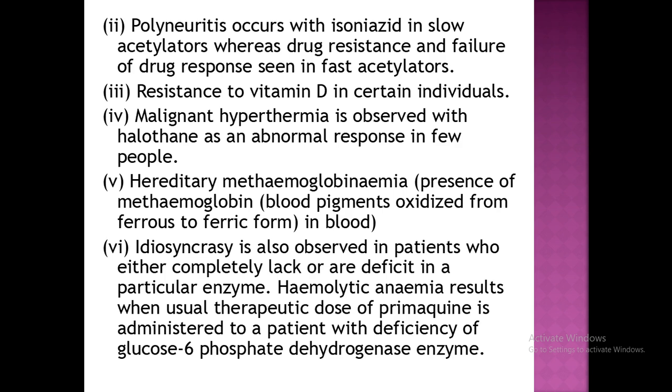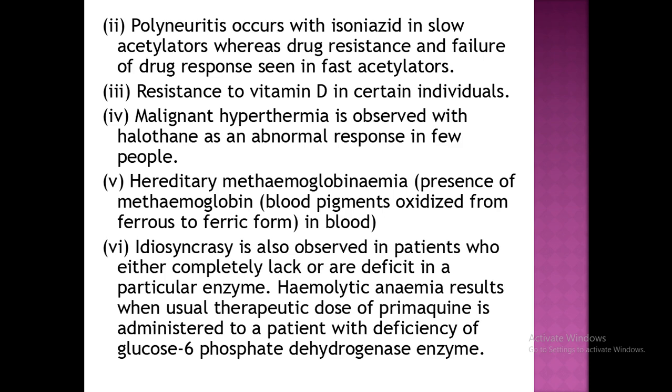Malignant hyperthermia, that is increased body temperature, is observed with halothane, which is a general anesthetic, as an abnormal response in few people. Hereditary methemoglobinemia, presence of blood pigments oxidized from ferrous to ferric form in blood.